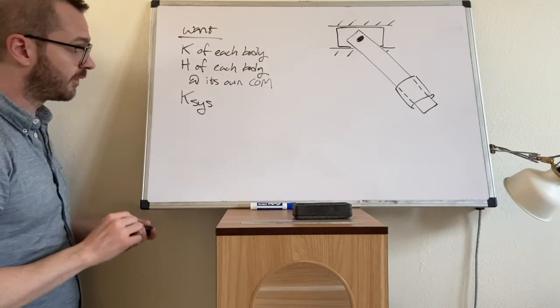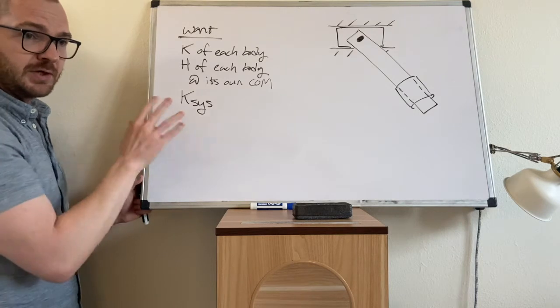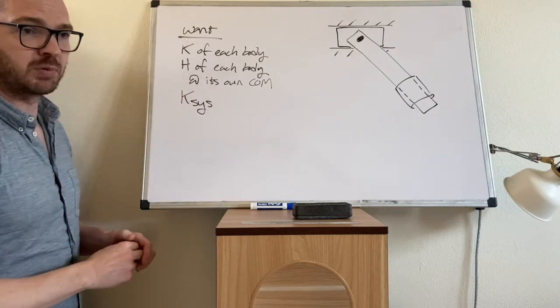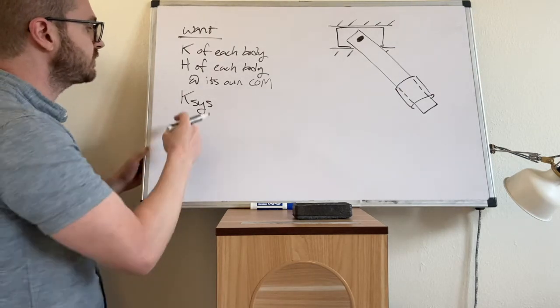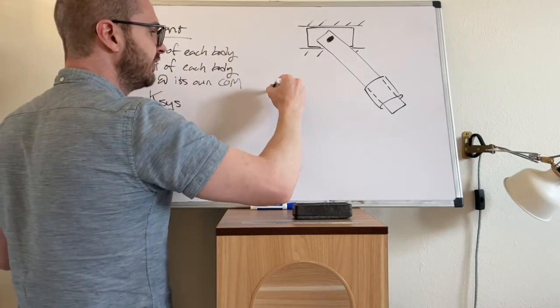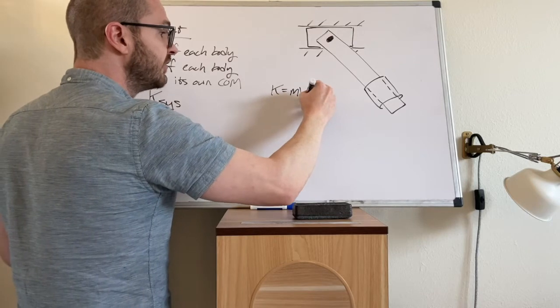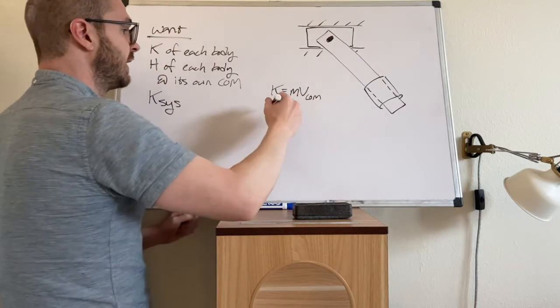All right, before we get started, make sure you're comfortable with each of these concepts, make sure you understand what they mean, and we need to have some kind of game plan for this problem, right? Where are we going to go and what are we going to do? Well, we know that linear momentum, just in a general sense, is mass times velocity, and this is velocity specifically of the center of mass for that specific body.